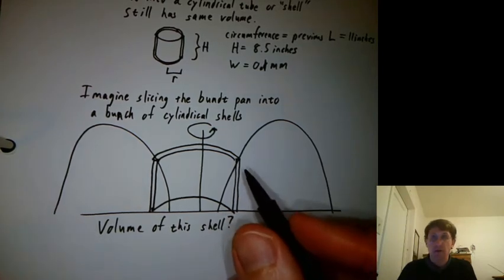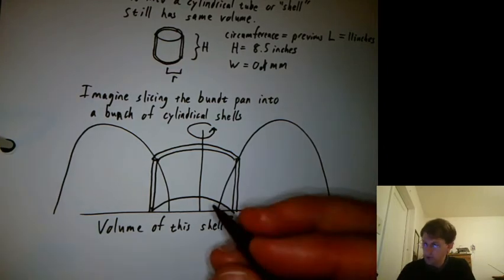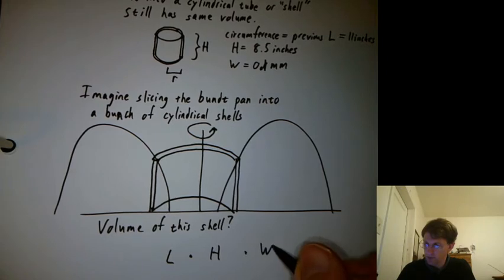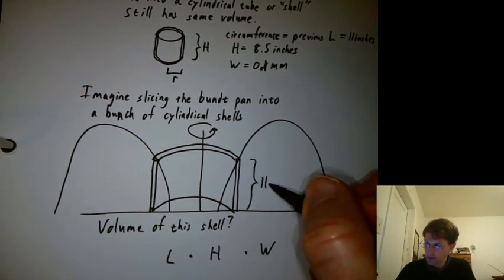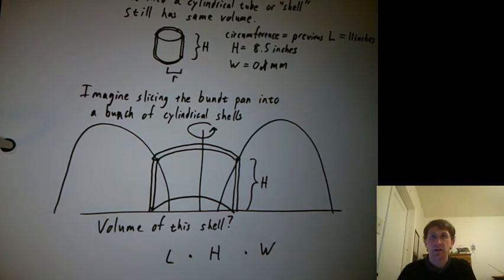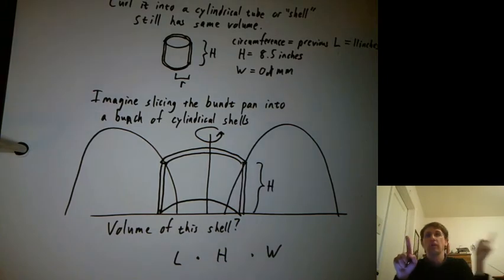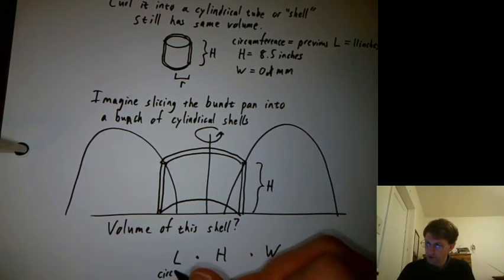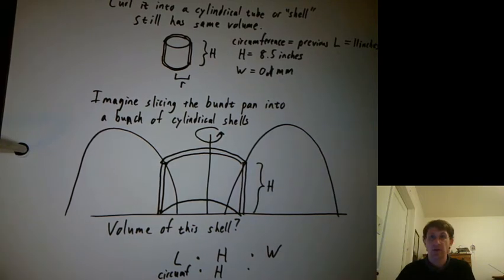Well, the volume of the piece of paper was length times width times height, so we're going to say it's L times H times W. And let's say this is H. And what was L? L initially was the long edge of the paper, which we then curled around, became the circumference. So it's the circumference times the height times the width, which was very, very skinny.